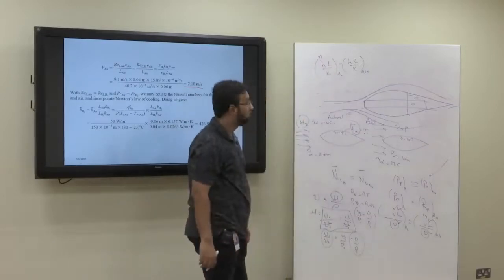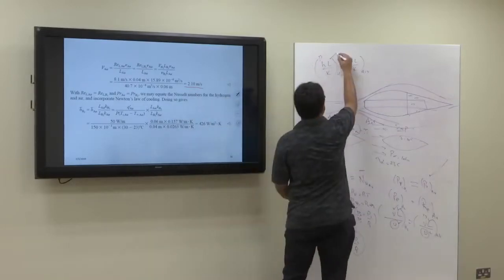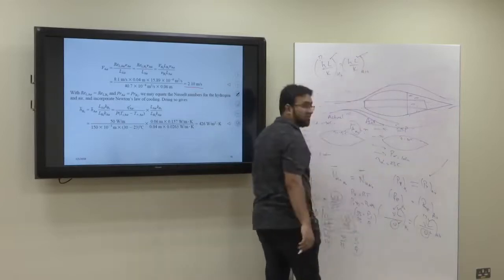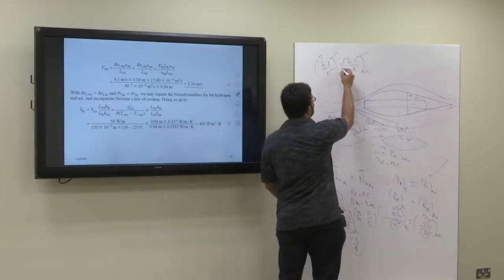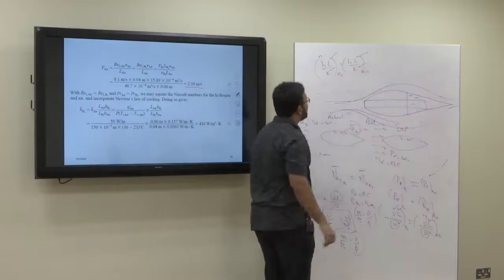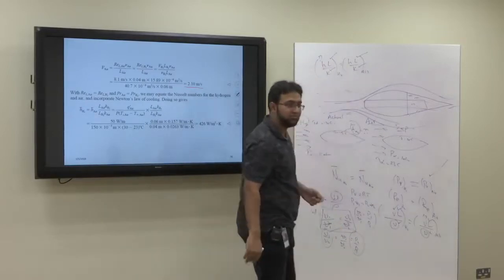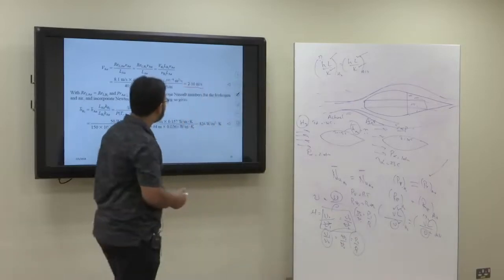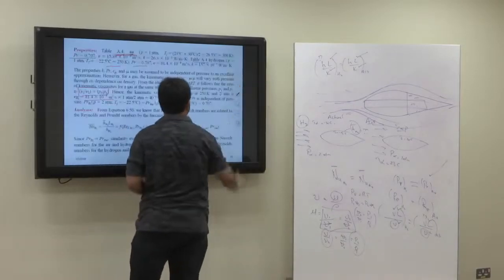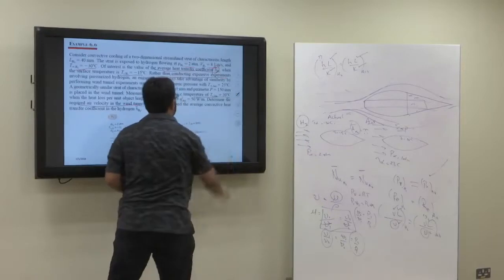Is it clear? L is known, the characteristic length for both cases. k is also known for both cases. If I know the h for the air case, I will find the h for the hydrogen case. Now some information is given here. Read the information carefully.